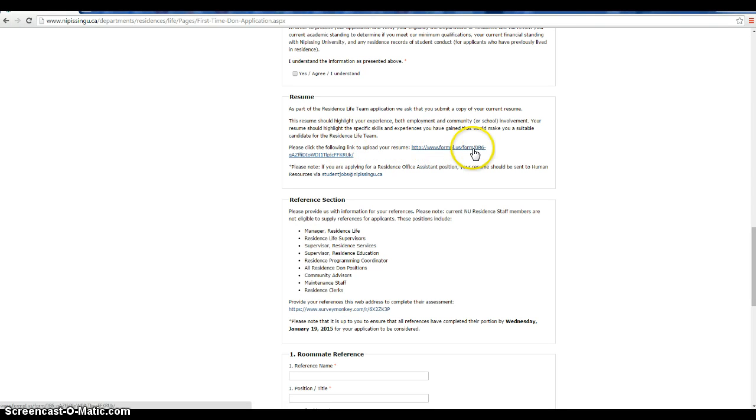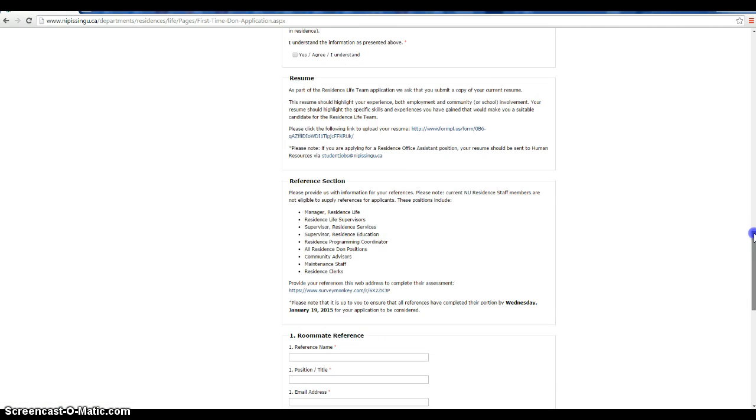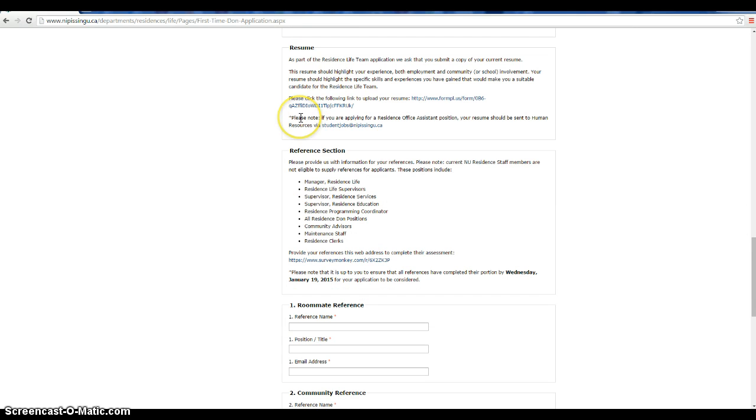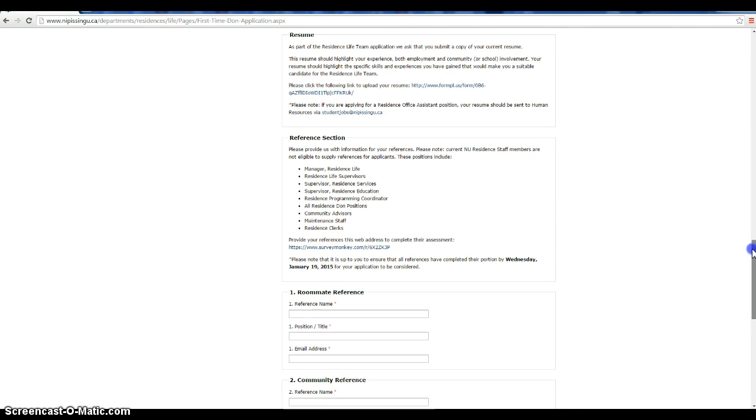You will click on this link that will provide you a website to upload your resume. Further, if you are applying for one of the residence office assistant front desk jobs, your resume should be sent to Human Resources via Student Jobs at Nipissing U. This is a different position than Don or Academic Don, but the information is there as well.